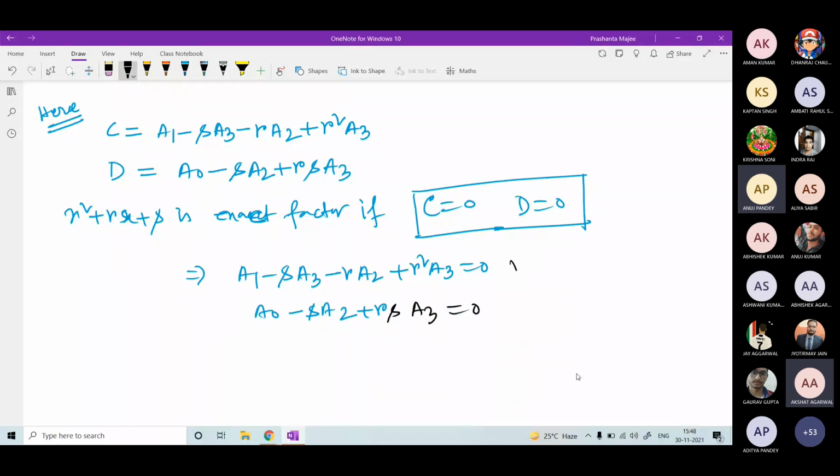So these two systems of equations, are they linear or non-linear? Are they easy to solve, the values of R and S from these two equations?